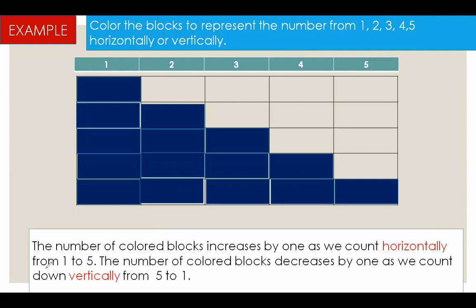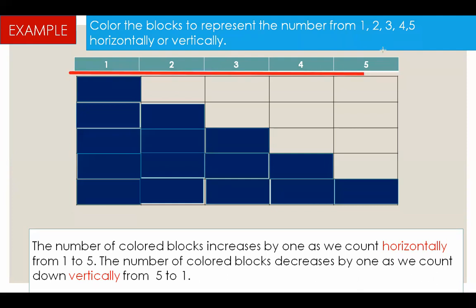Okay, so now students, let's read the sentences. The number of color blocks increases by 1 as we count horizontally from 1 to 5. Okay, so let's count 1 up until 5. If we count horizontal, students, when we say horizontal, we count from here to here.